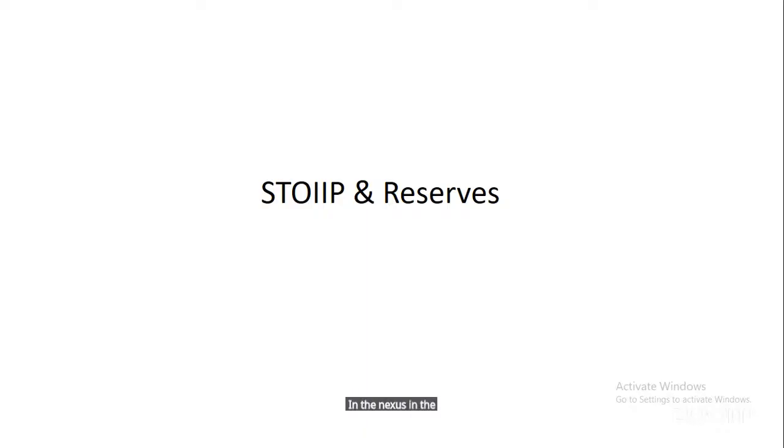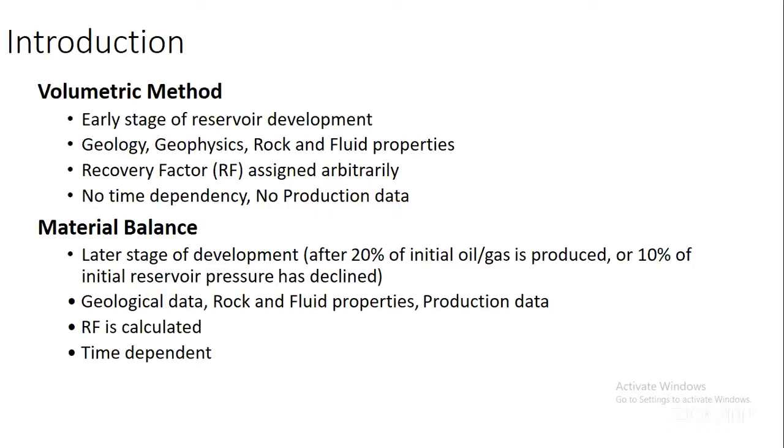In the next 1 hour, I'll cover material balance. Firstly, I'll go through something theoretical about STOIIP and reserve calculations, and when to think about material balance. We have different methods to calculate STOIIP and reserves. The simple one, based on geology, is the volumetric method.